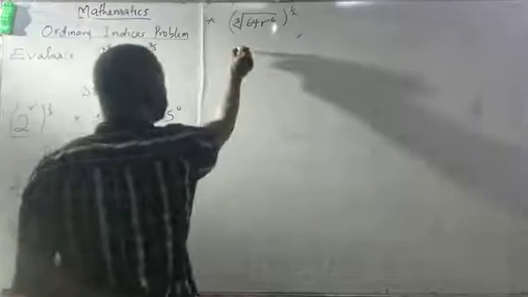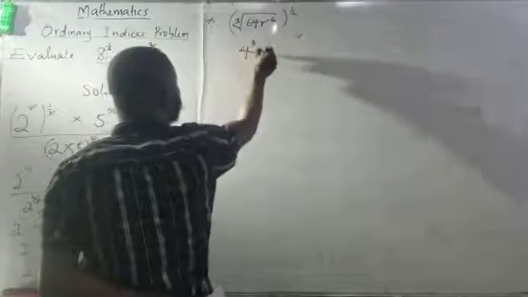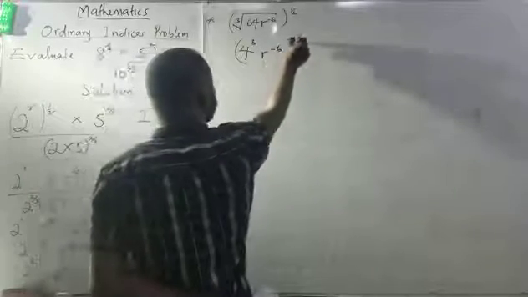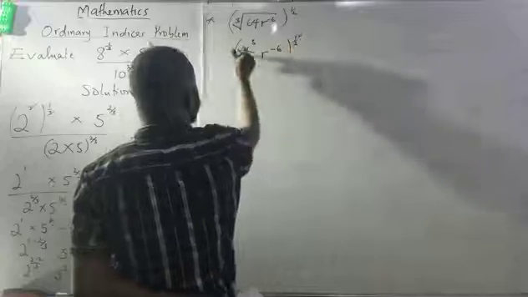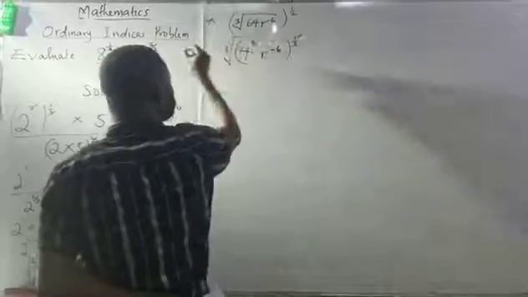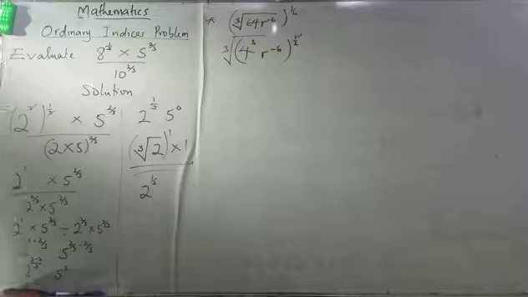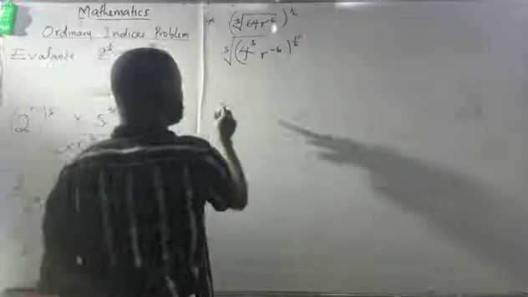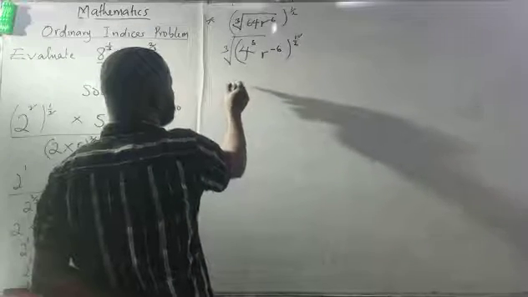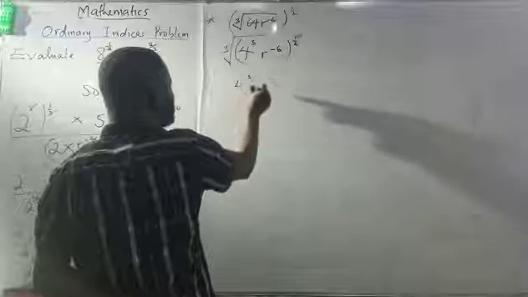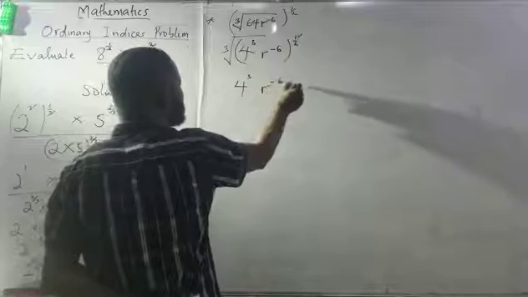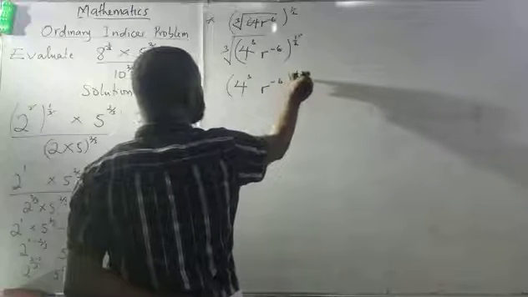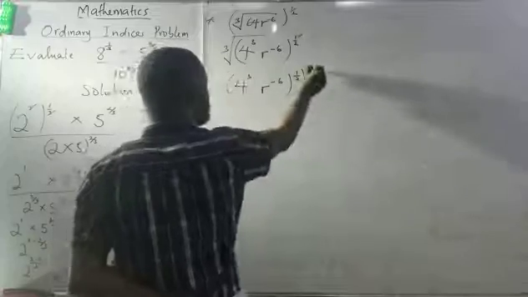I can say that 4 raised to power 3, r raised to power minus 6 in bracket of 1 over 2, and my cube root still remains. Since there is a bracket, there won't be any problem. I've told you in the previous video. Now, I can say that 4 raised to power 3, r raised to power minus 6, and it will be equal to 1 over 2 times 1 over 3.